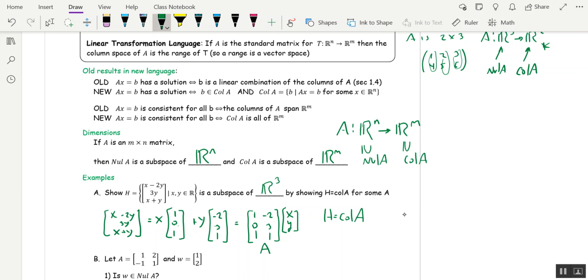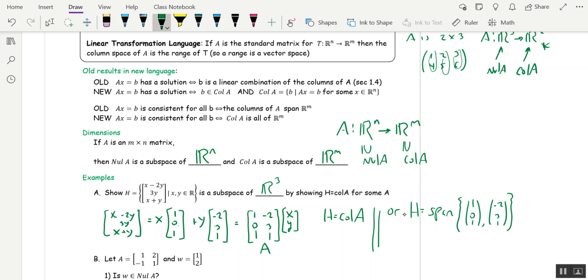You could also say another way to show that H is a subspace of R3, which we could have done in the last class, is that H is the span of the two columns, 1, 0, 1 and negative 2, 3, 1.